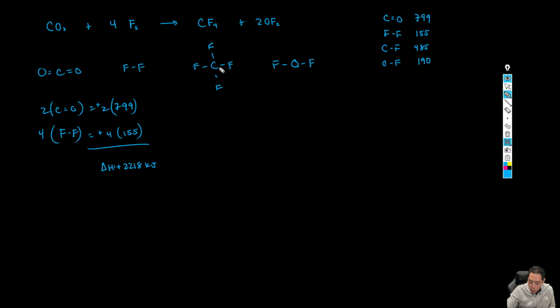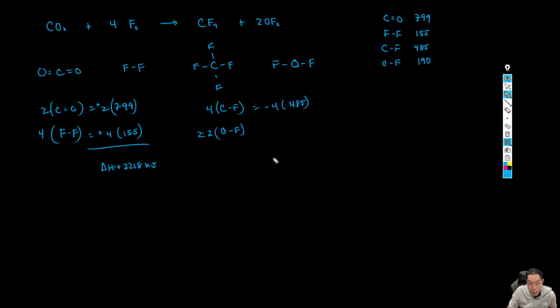Okay, I'm going to do the same thing on the other side. I have 1, 2, 3, 4 CF bonds, and that's going to equal 4 times 485. And now we're forming bonds, so we're going to be exothermic. We're going to gain heat. And then here we have OF bonds. And in this molecule I have 2, but then I have 2 of those.